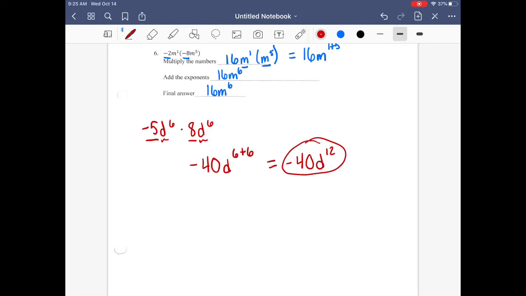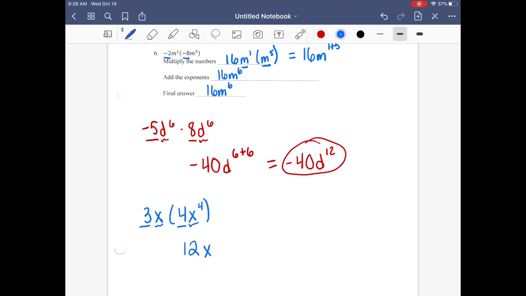Our last one we're going to do is kind of a special case that shows our invisible math. So we are going to do 3x times 4x to the 4th power. So let's just start out by multiplying our coefficients here. So 3 times 4 is 12. Our bases are both x, so we are allowed to combine them into 1.